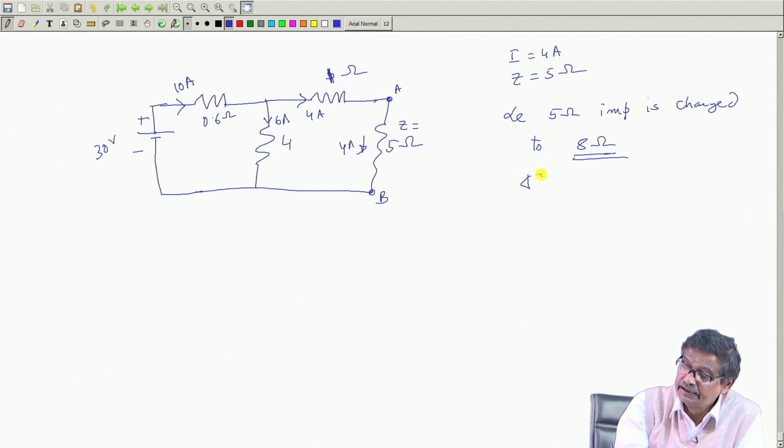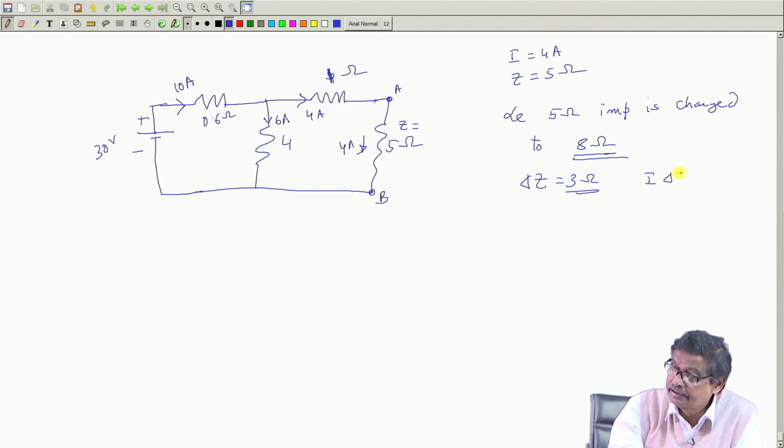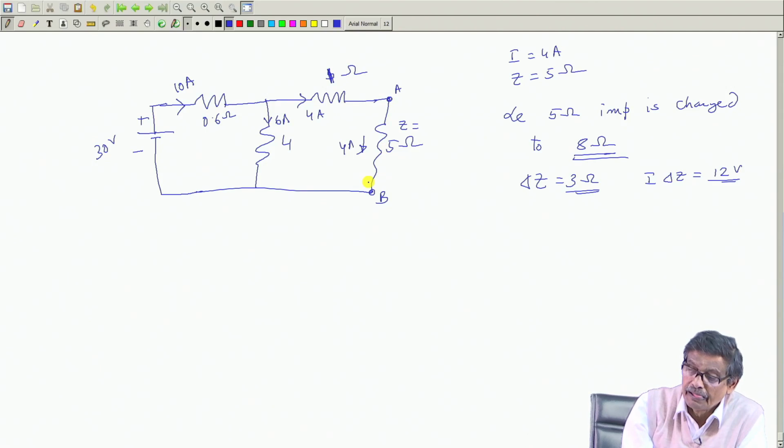Then I will say delta Z is equal to 3 ohm, is it not? I into delta Z is how much? I can calculate, this will be 12 volt, 3 into 4, because this current was known.